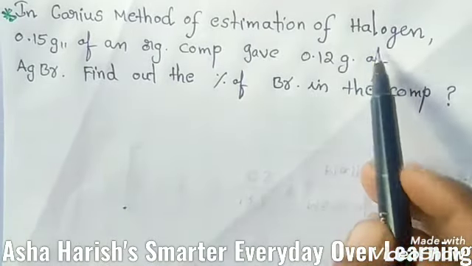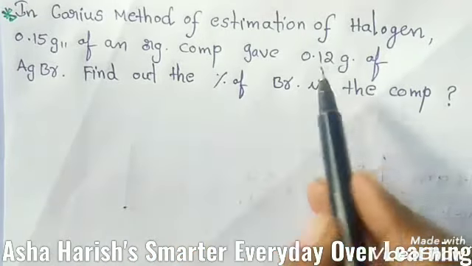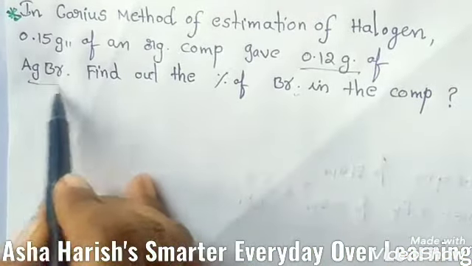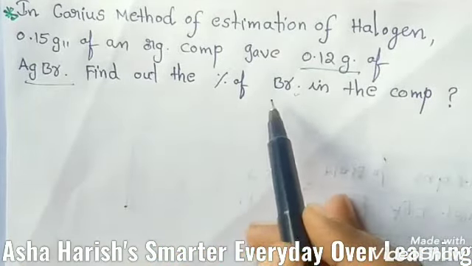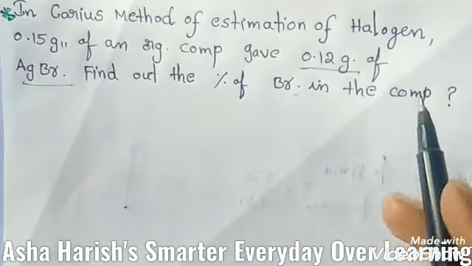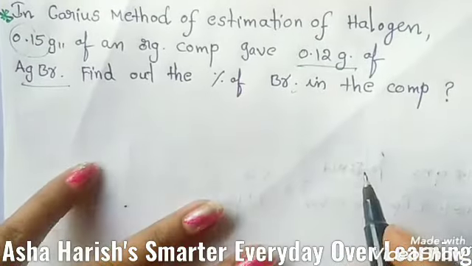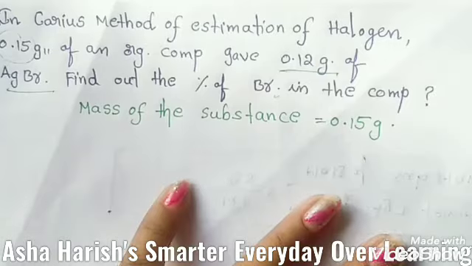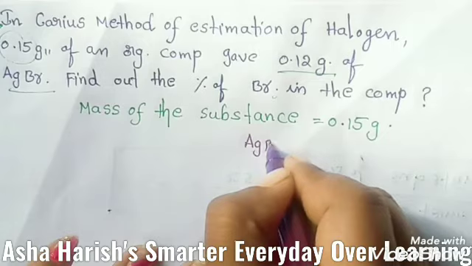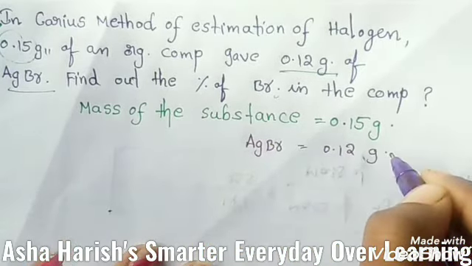In Carius method of estimation of halogen, 0.15 grams of an organic compound gave 0.12 grams of AgBr, and find out the percentage of bromine in the compound. Here the mass of the substance we taken, that should be 0.15, and mass of AgBr formed is equal to 0.12. They have given in the question itself.